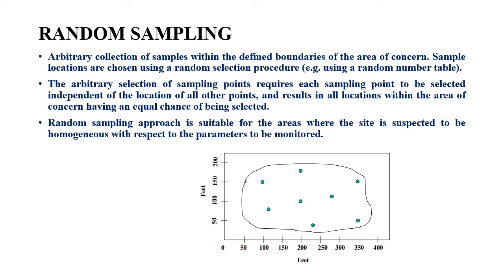The team would have narrowed down the possible contaminants, the possible contaminant sources, and the possible parameters to look for while soil sampling is to be done. So when, during that evaluation itself, the site is suspected to be homogeneous in terms of the contaminants and its parameters to be monitored, we go for random sampling, here and there.